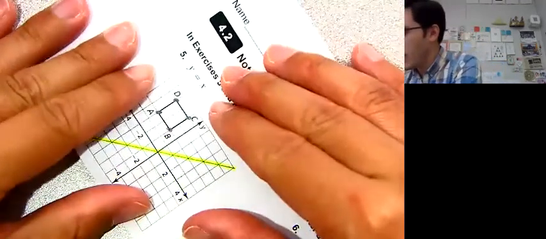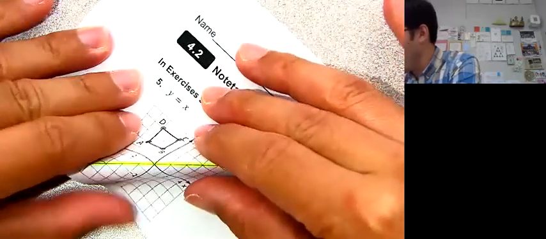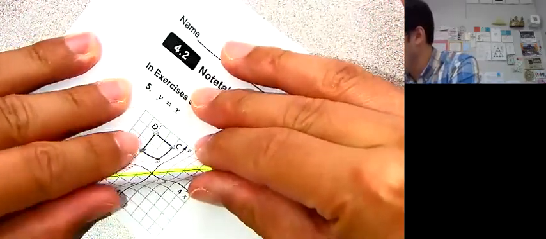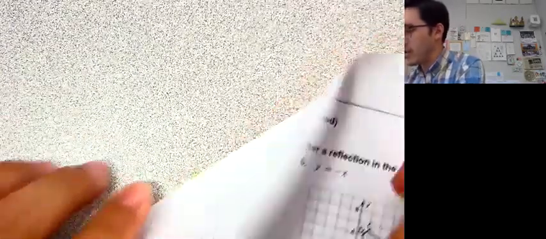All right, so like in the last video, I'm going to fold my paper right there on that line. Actually, I have to fold it back the other way. Okay, so there.